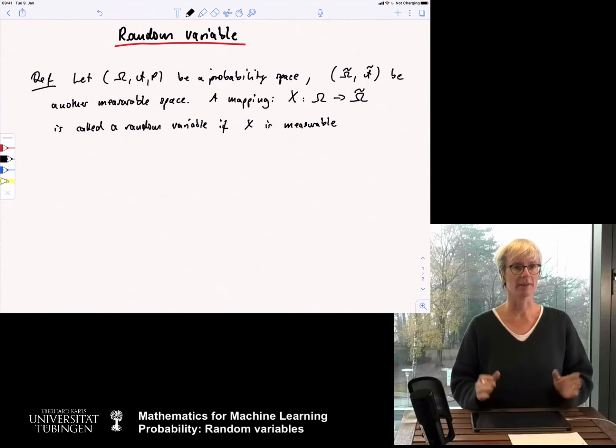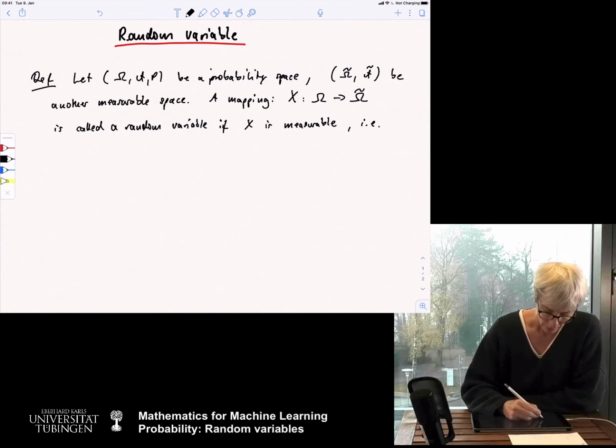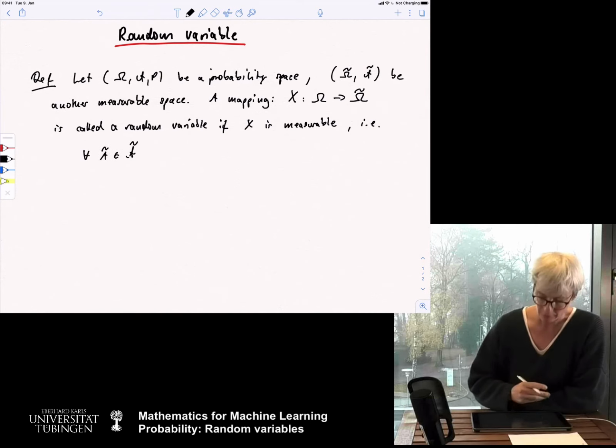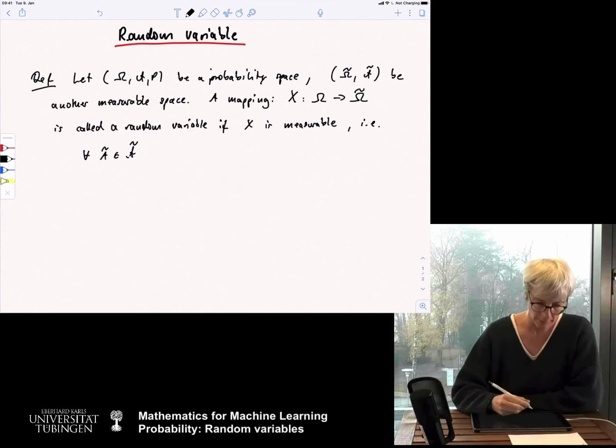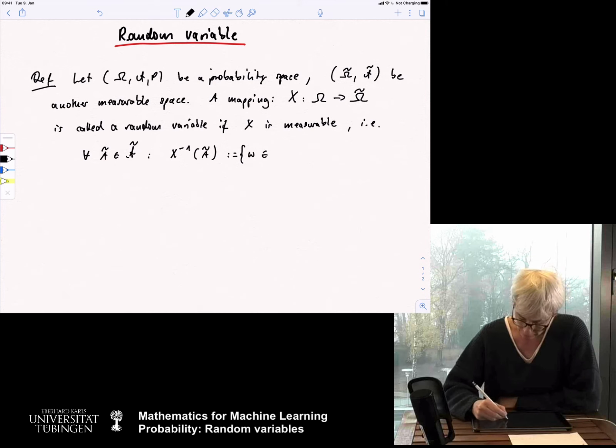Let me first write it down and then I give you the intuition. That is, for all sets A tilde that live in the sigma algebra A tilde in the target space, we have that the pre-image of A tilde under this mapping, so let me write down formally what this is, these are the omegas in the original space omega such that X of omega ends up in A tilde.